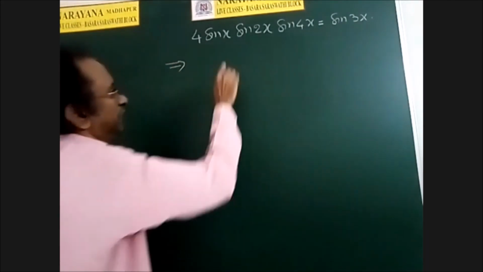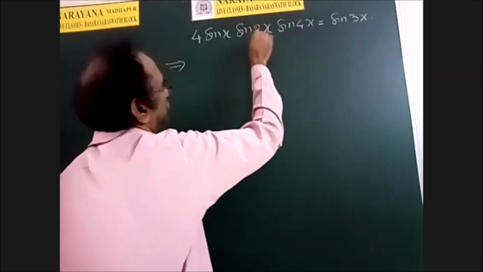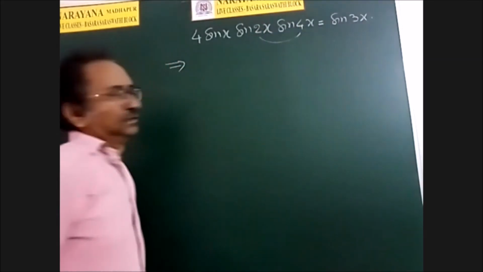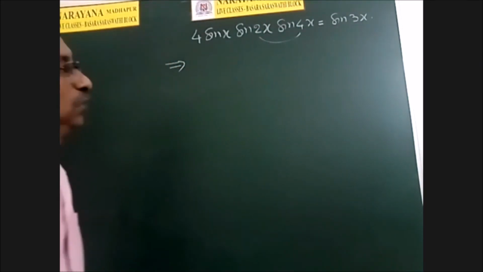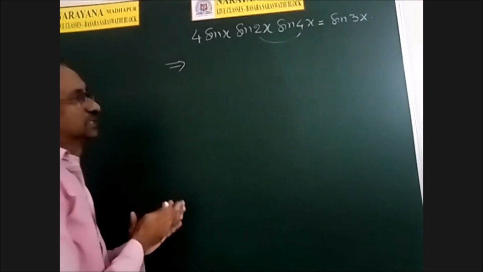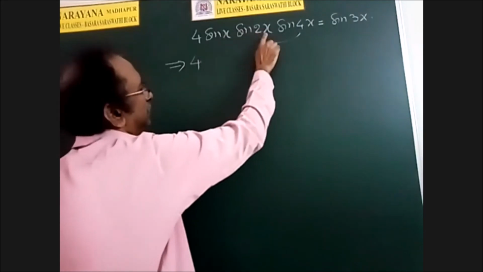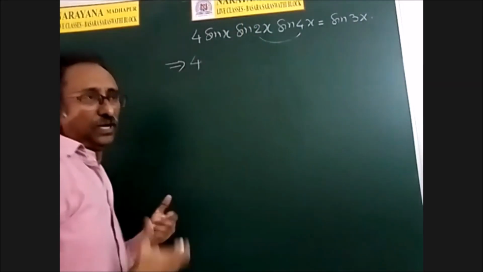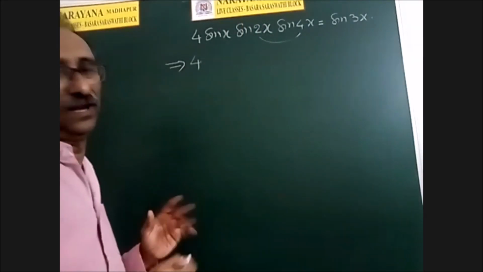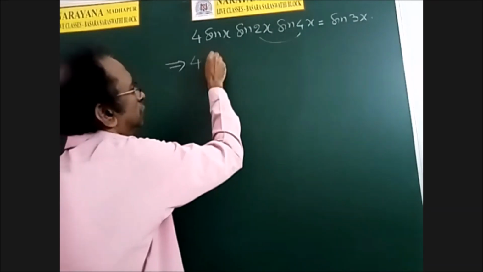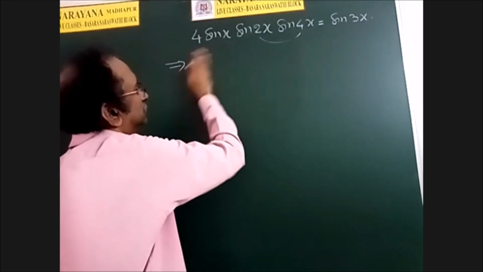So first of all, whenever there are three numbers like this, just take those two even numbers. Then if you take the sum or difference, you will again get an even number. Or if you take one x and one 2x, you will get in the formula one even number, one odd number, like that. Okay, so 4 sin x.